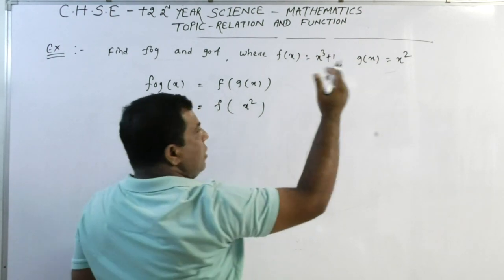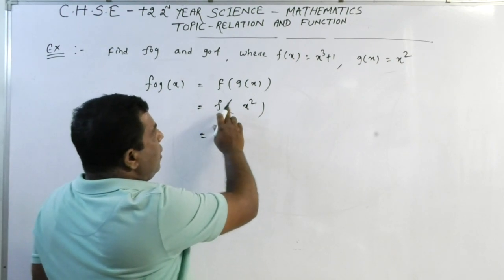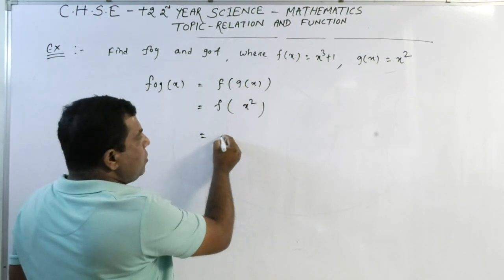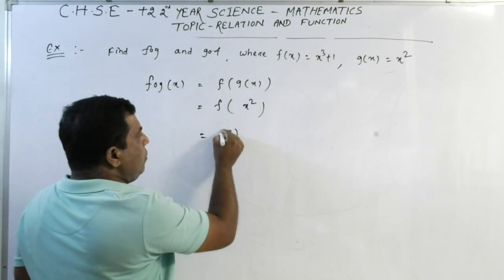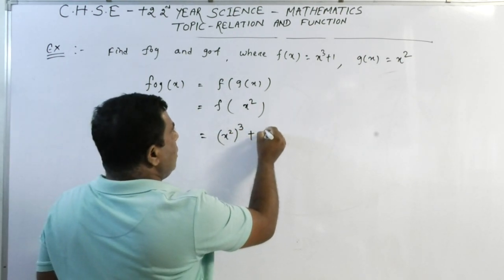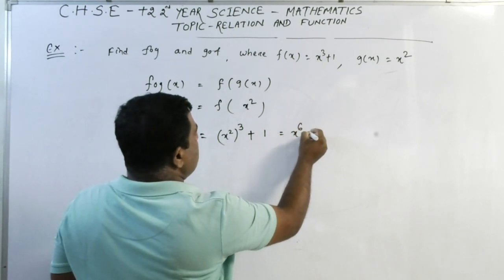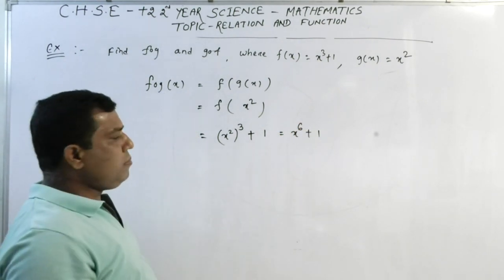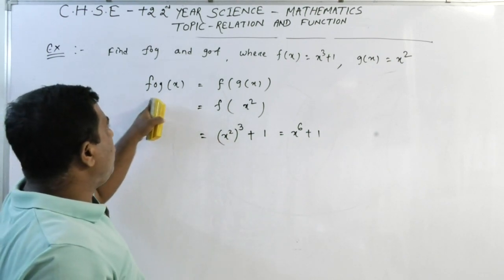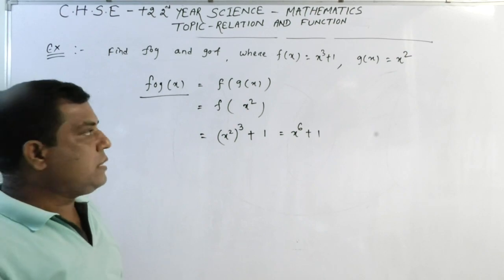So now f is applied on x square. How does it convert? It converts this value as cube of the x square plus 1. So what is the result? It is x to the power 6 plus 1.